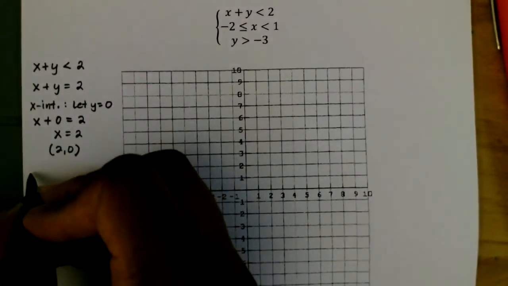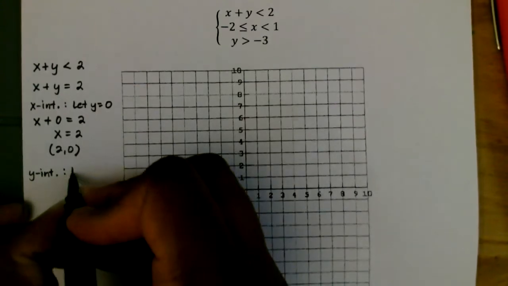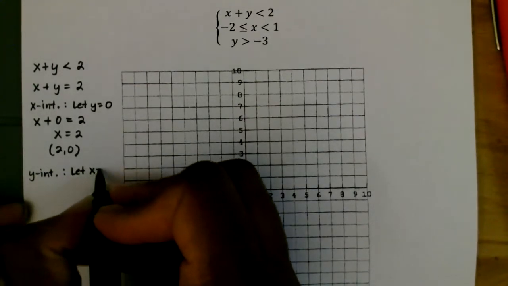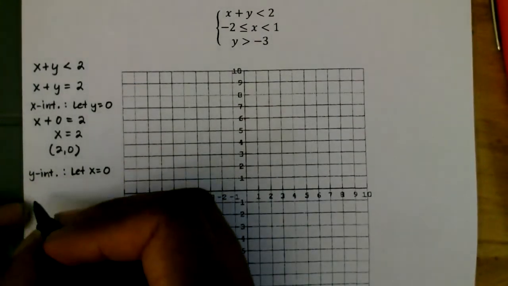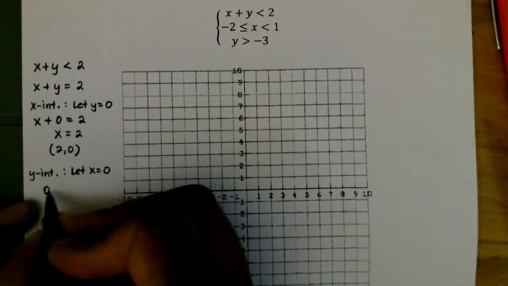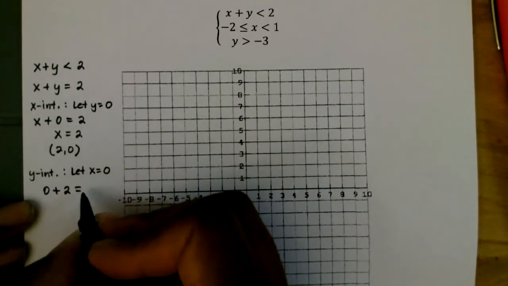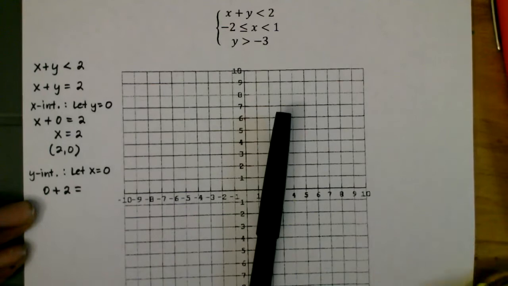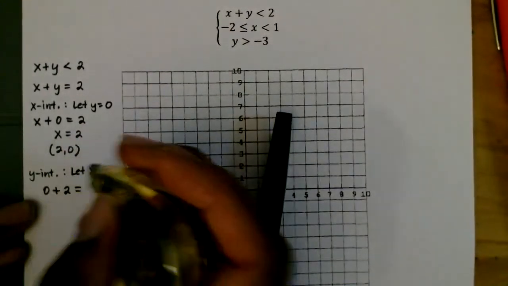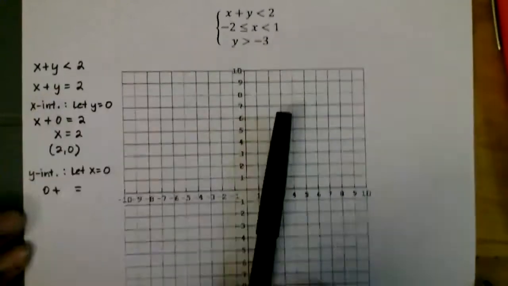And then for the y-intercept, again, I'm abbreviating here, we let x equal 0 and solve for y. So here x is 0, so this will be 0 plus y. And since I'm letting x equal 0, that's the equation.